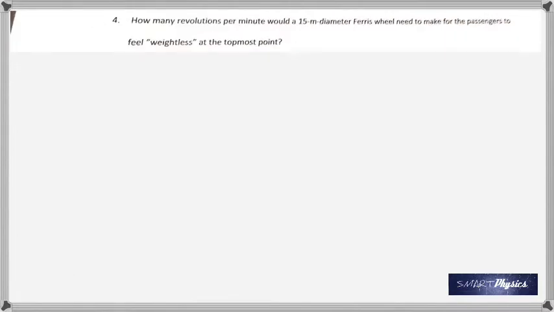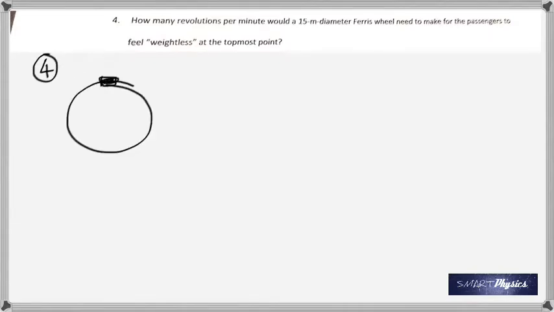For how many revolutions per minute would a 15-meter diameter Ferris wheel need to make for the passengers to feel weightless at the topmost point? Now, when would they feel weightless? That is when the centripetal force becomes equal to the weight.